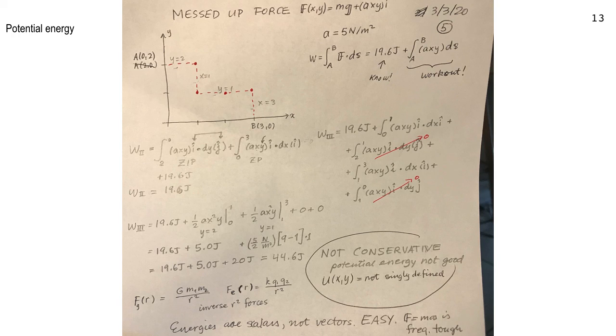Up here on the flat, y equals 2. Down here, y equals 1. And over here, x equals 1 and x equals 3. So we're totally dodging that last problem. All right, so let's see what we get here.